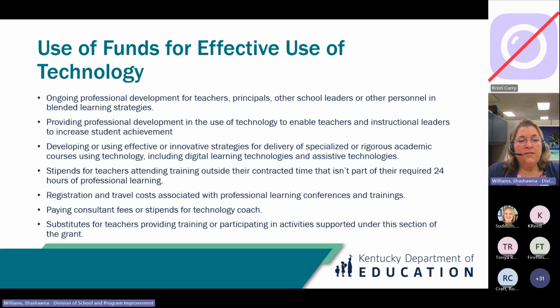Use of funds for effective use of technology can be things like ongoing professional development for teachers, principals, other school leaders, or other personnel in blended learning strategies. Providing professional development in the use of technology to enable teachers and instructional leaders to increase student achievement. Developing or using effective or innovative strategies for delivery of specialized or rigorous academic courses using technology, including digital learning technologies and assistive technologies.